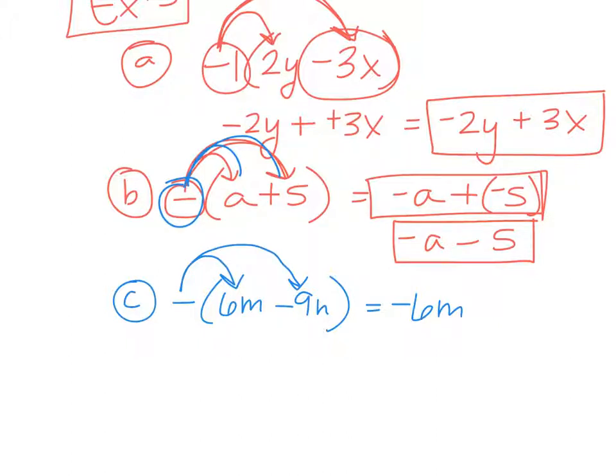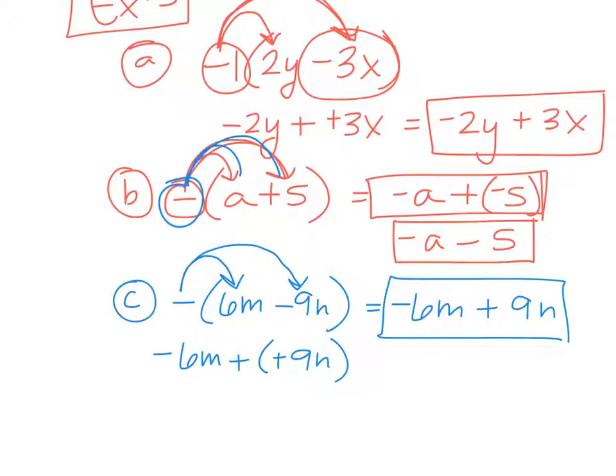Positive 9n. So you could do plus 9n, or if you prefer it, you could think of it like this. Negative 6m minus a negative 9n, right? But then you're going to turn that into plus a positive. So either way, it's going to end up like this. But if you want to start as minus a negative and then change it from there, that's fine.